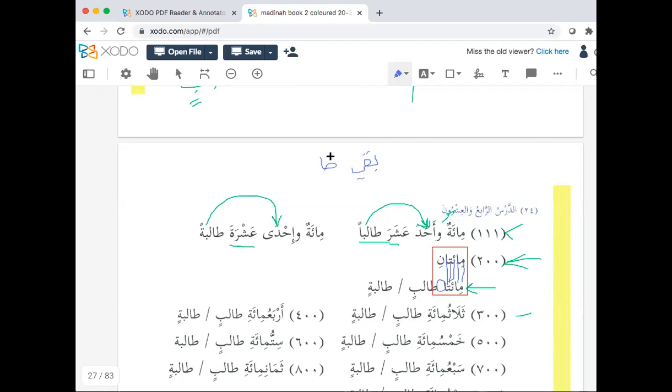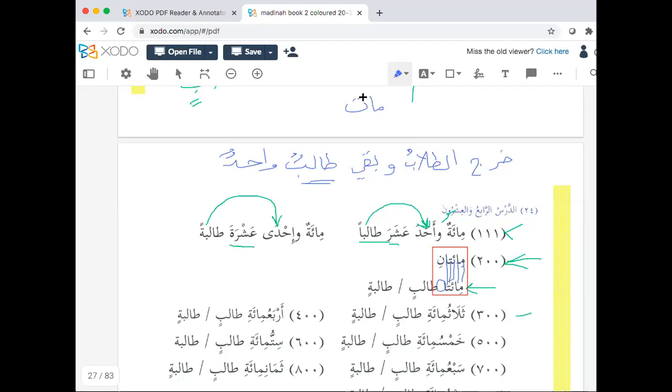So we say everyone left, خرج الطلاب, وبقي طالب واحد. We don't have to say واحد, but we can. بقي is فعل. طالب is the fa'il. So who did the staying? The طالب.